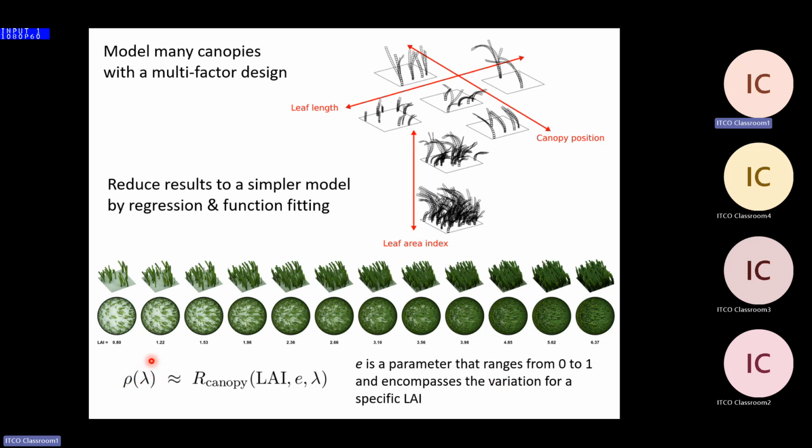Basically, it's like a semi-analytical model. Just reduce all this model down into a simple equation that gives us the spectral reflectance of a canopy as a function of leaf area index and a parameter E, which varies from 0 to 1, and is just the first order variation in reflectance.